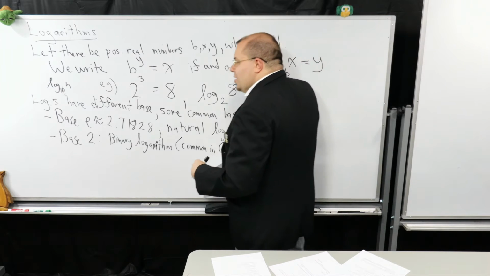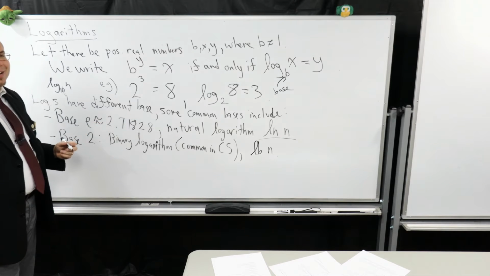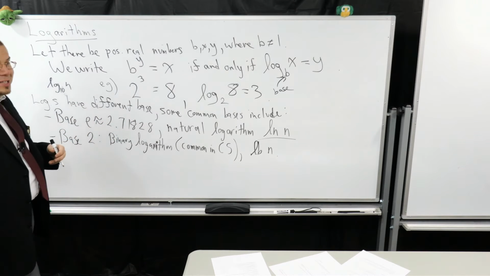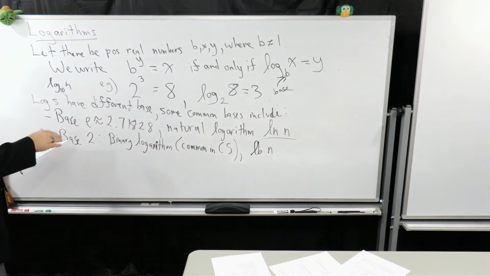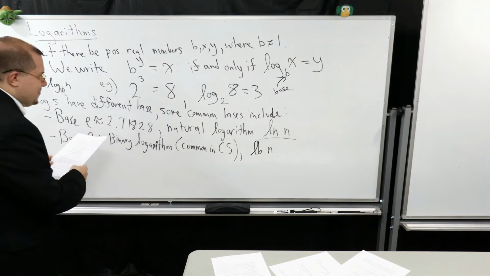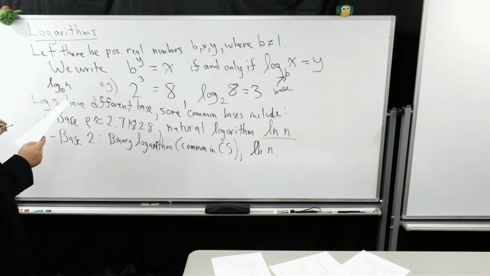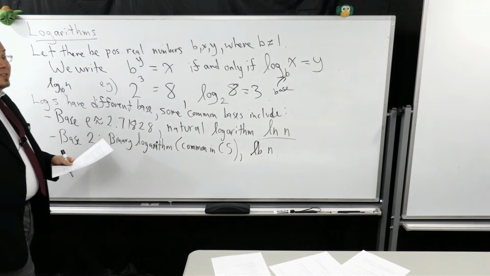I don't see it very often, but I feel like I need to mention it. You won't usually find me using that notation, but I need to acknowledge that it exists out there. If you ever see lb of n, that usually is the binary logarithm. But you won't see me using it very often. So I'm going to talk about some properties of logarithms.